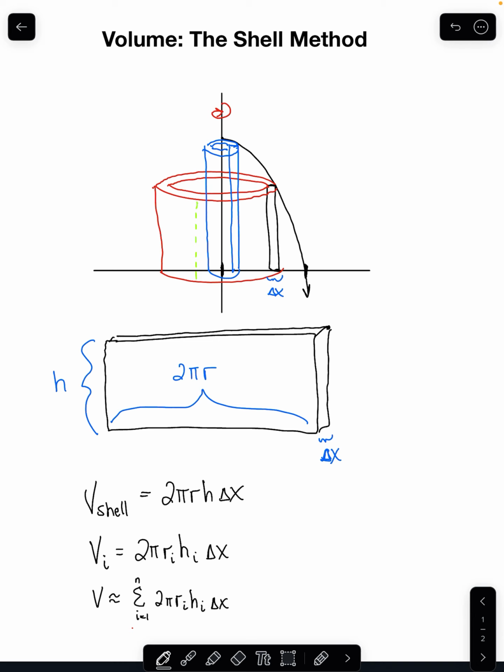And the height then would be equal to f of x sub i.